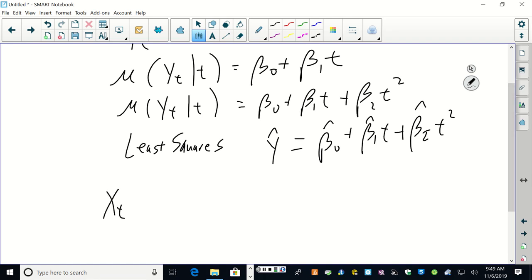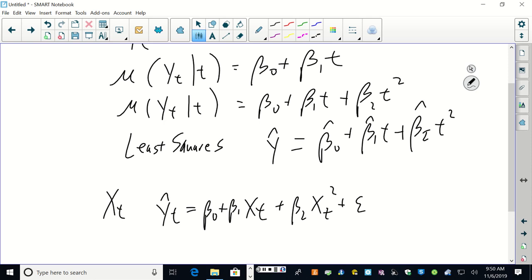We might have some variable x that's varying in time, so we could just fit an ordinary least squares model, maybe with a square in there if things are going kind of quadratic, to write out the model with the residuals at time t. We could use least squares and get estimates of the coefficients there.